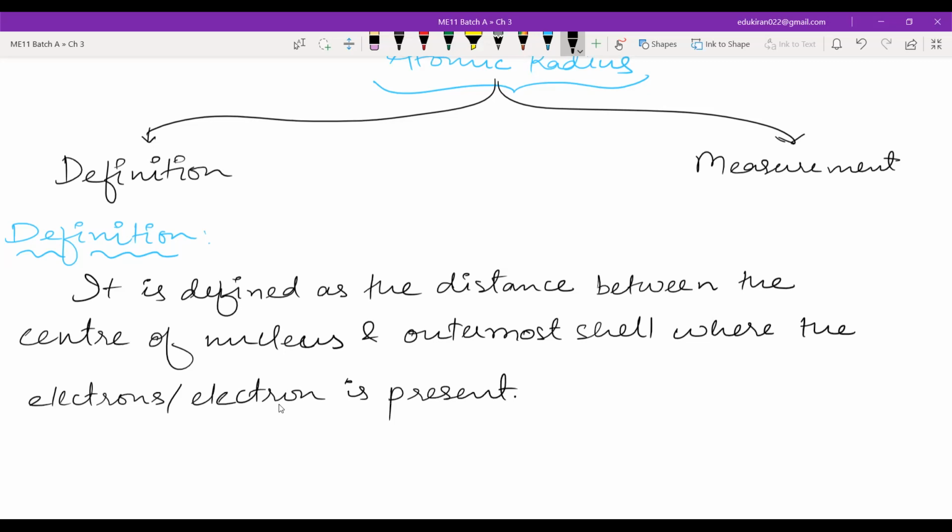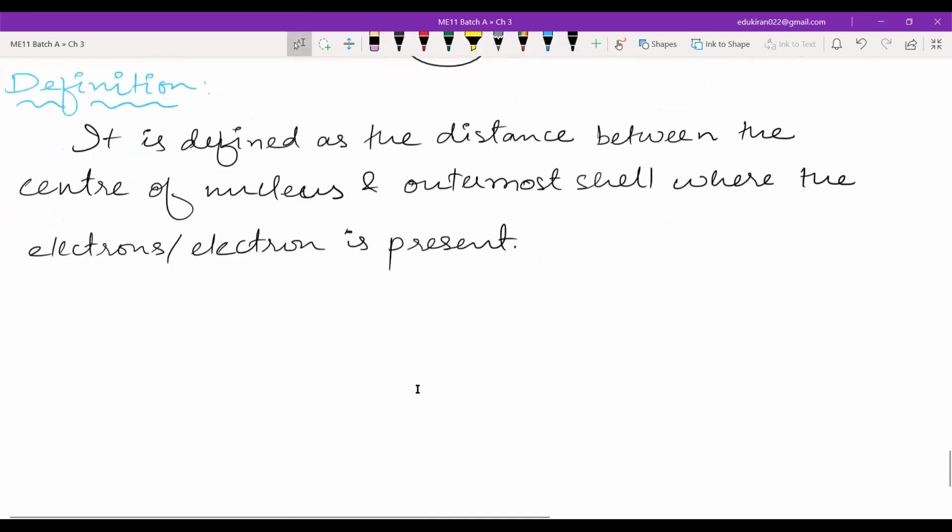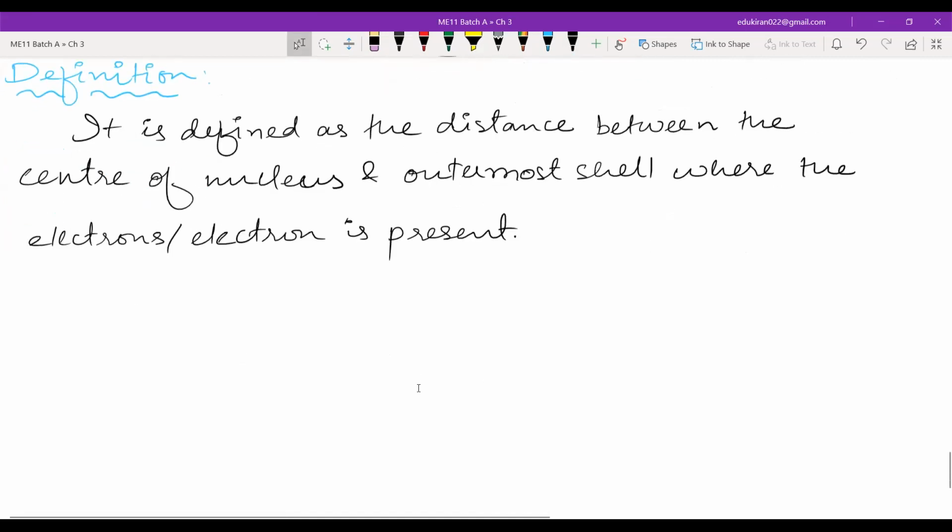Okay, simple definition. If we have an atom, it is assumed that it is spherical. This is the nucleus. So the distance from the nucleus to the outermost shell. Okay, but there are some problems with this. The exact measurement of atomic radius is not possible if we define it like this, because to get an isolated single atom and then measure it is very difficult.